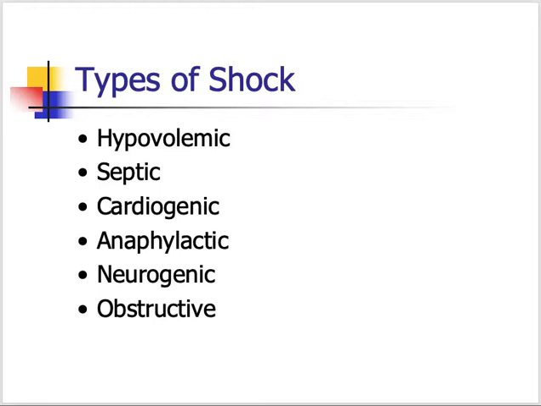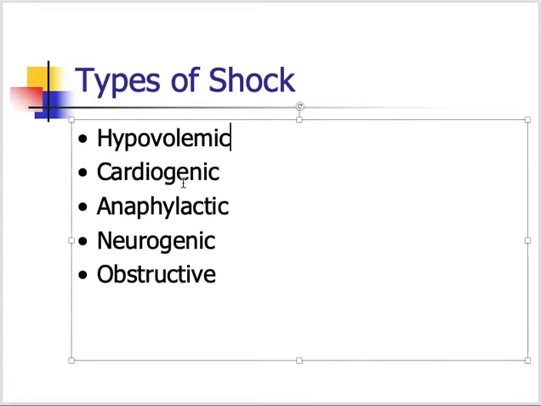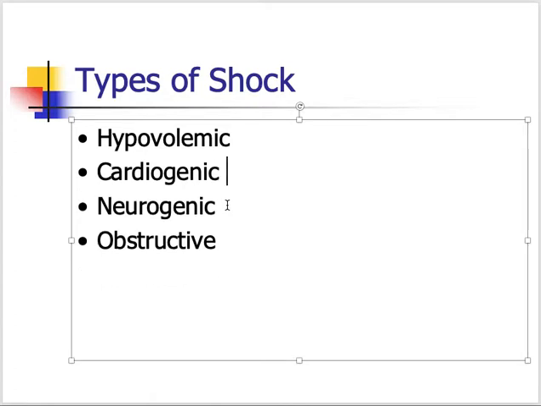So you can see what the types of shock are, or the classification. The classification is a bit tricky, and in different books, different classifications are written. But I will take the most commonly given one. So they classify it as hypovolemic, cardiogenic, obstructive, sorry, obstructive was written.